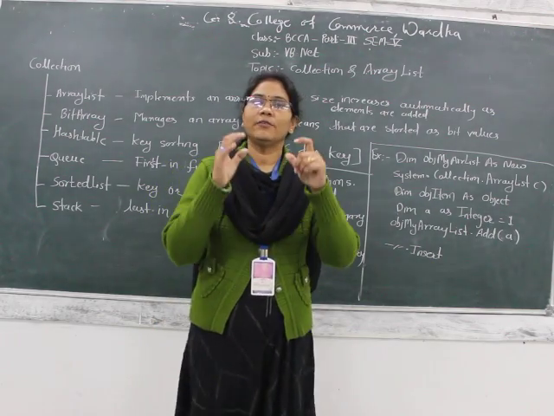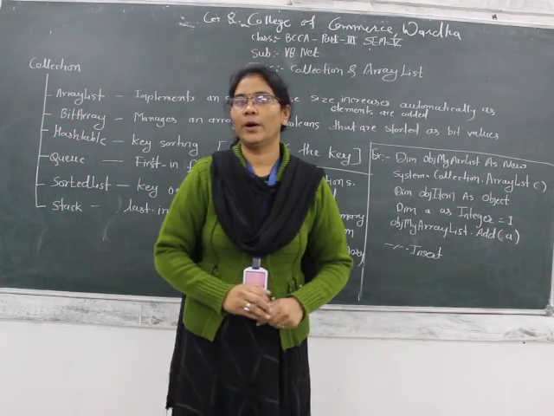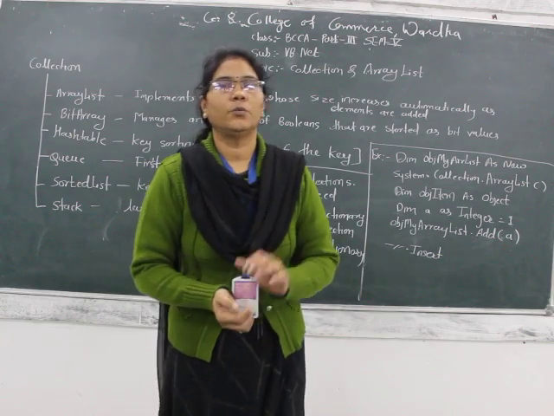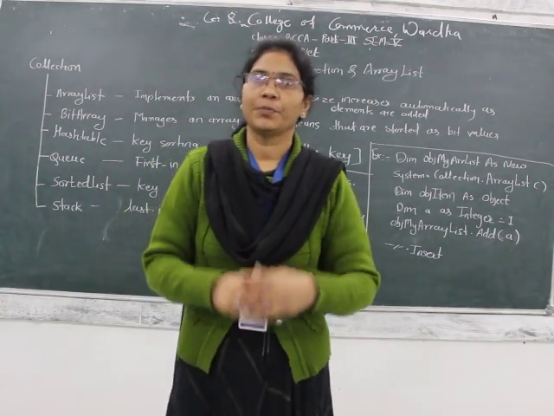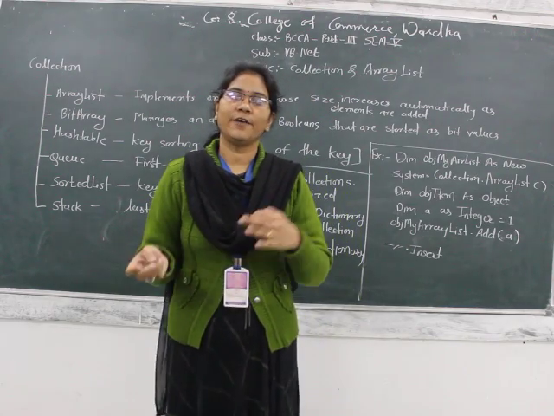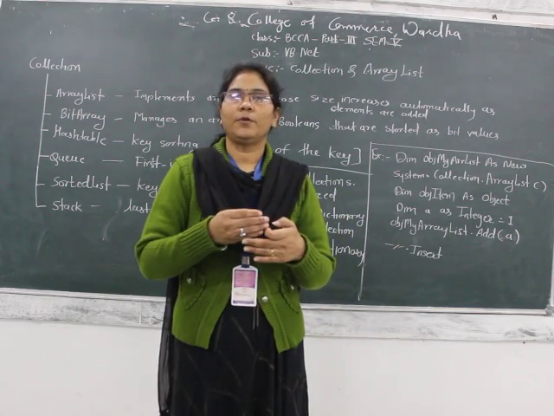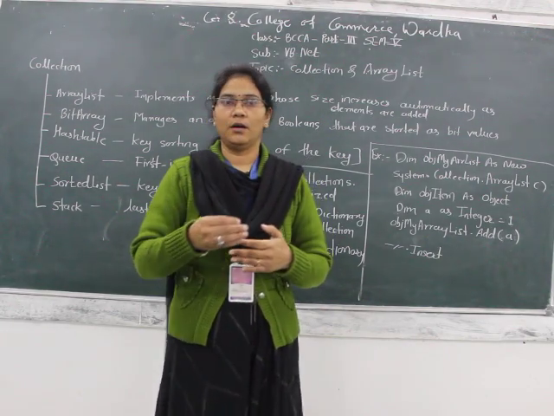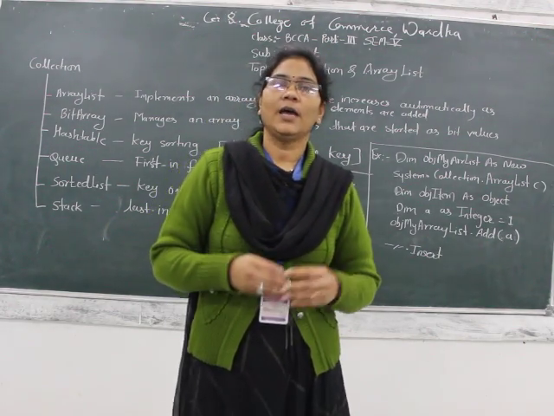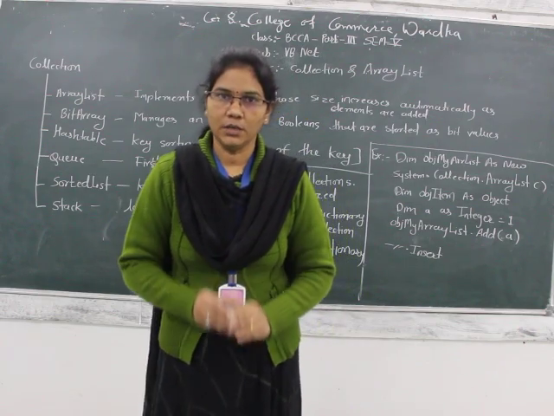To fulfill that requirement, there is one concept, that is the array list, or we can say the collection. So collection is a package which has similar classes, in which we can create such type of array as per the requirement of the user.